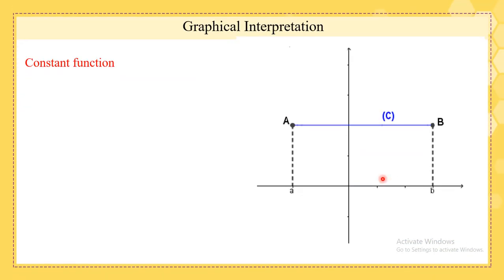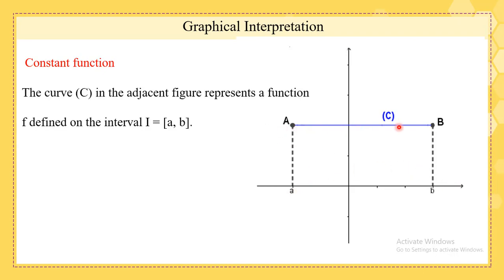Graphical interpretation. What does the sense of variation mean when it comes to the representative curve of a function? Let's start with the constant function. This is a constant function. You see, it doesn't increase, it doesn't decrease over its domain of definition. It's constant.